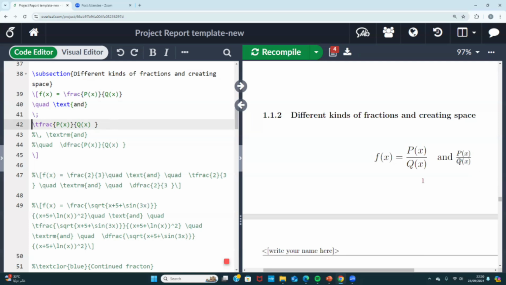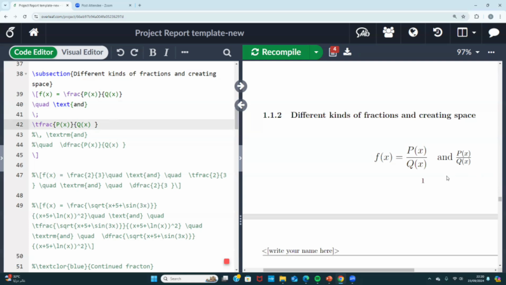If you can see now, the tfrac gives p(x) over q(x) as a very tiny, small structure. If your equation is coming out very big due to the presence of fractions, then you can make it smaller with tfrac.